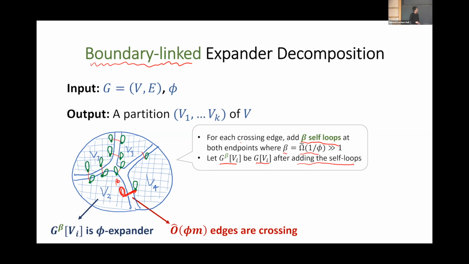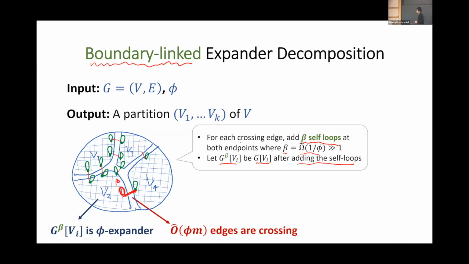And what boundary-linked expander decomposition says is that you decompose the graph into parts such that even after adding these self-loops, each part remains an expander. Now it might be less clear that this exists, but it exists and you can compute it.